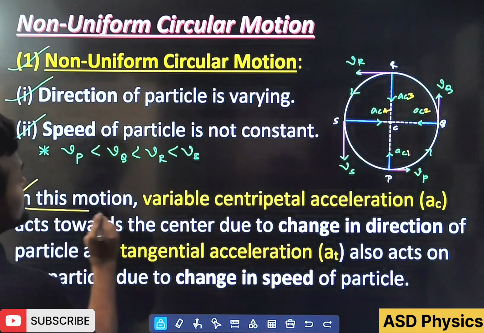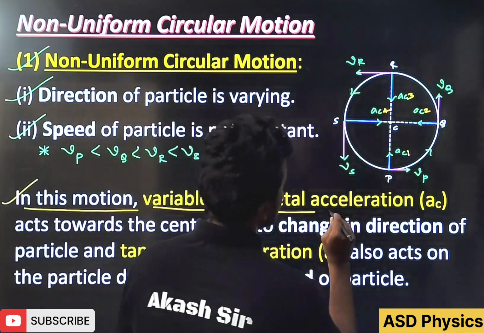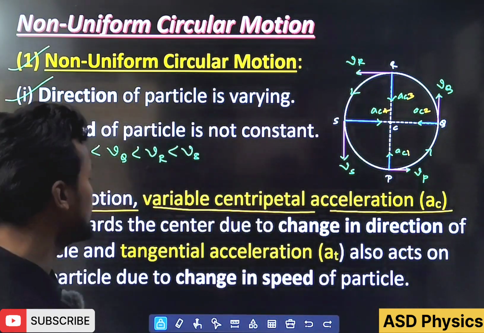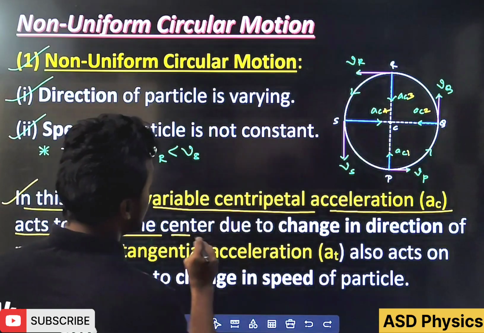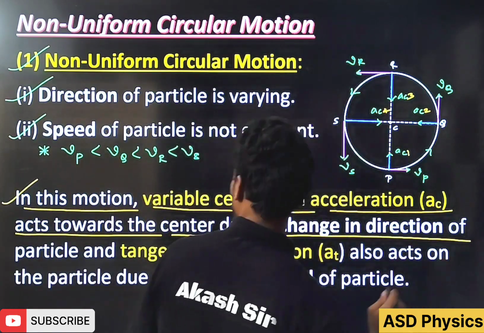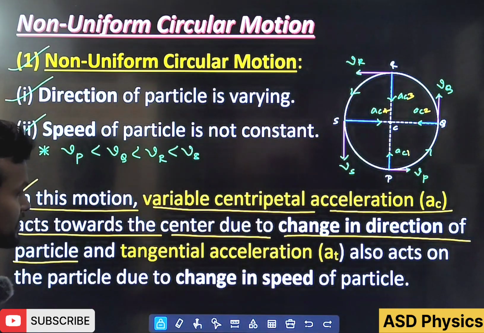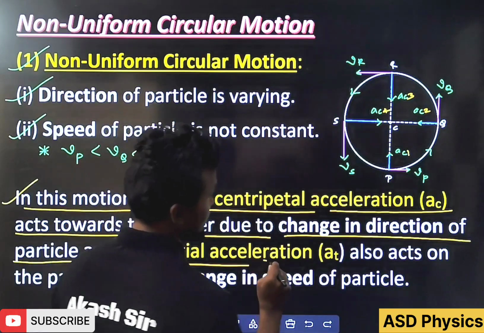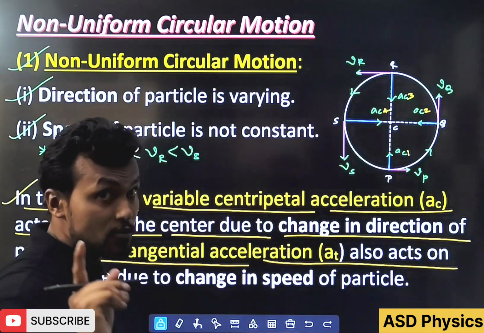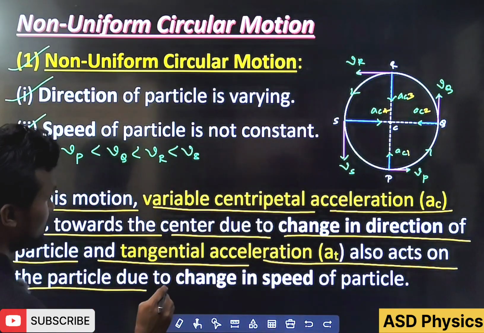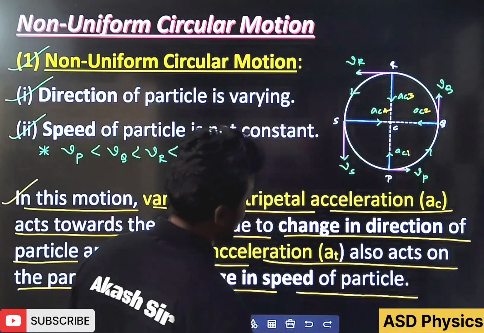In this motion, a variable centripetal acceleration Ac acts towards the center due to the change in direction of the particle, and a tangential acceleration At also acts on the particle due to the change in speed of the particle.